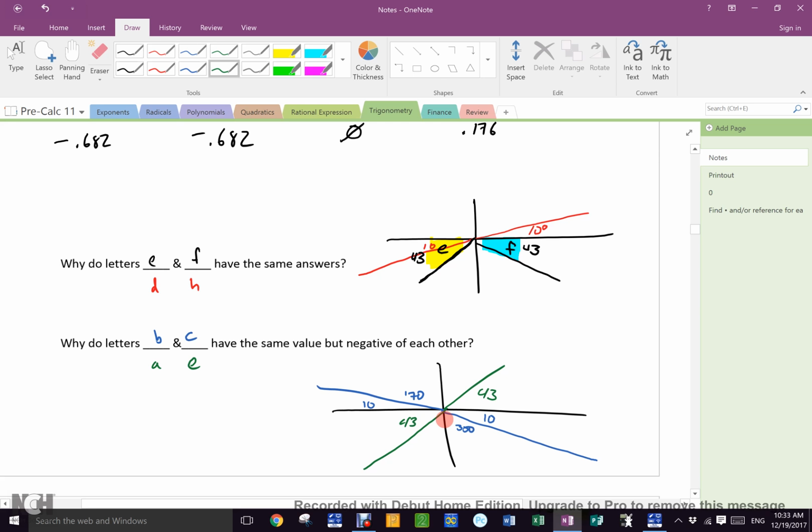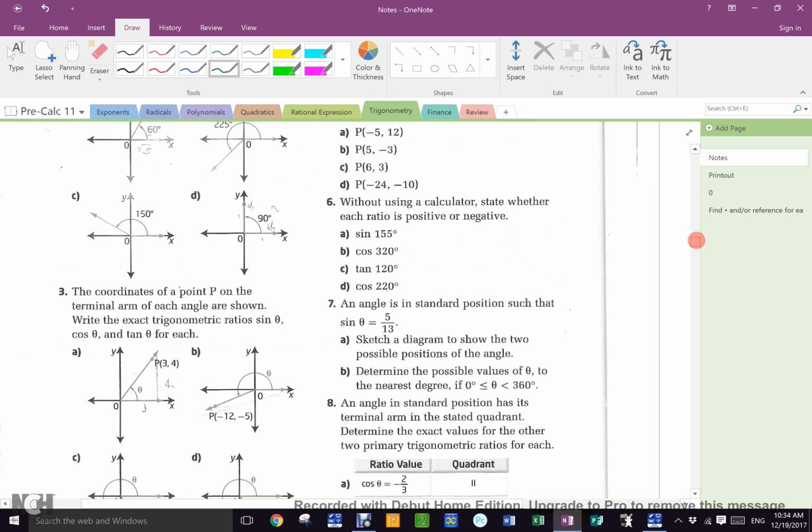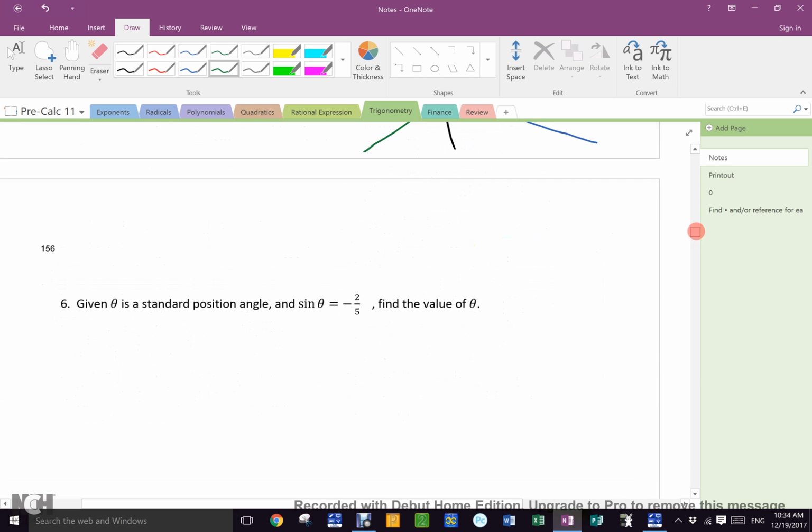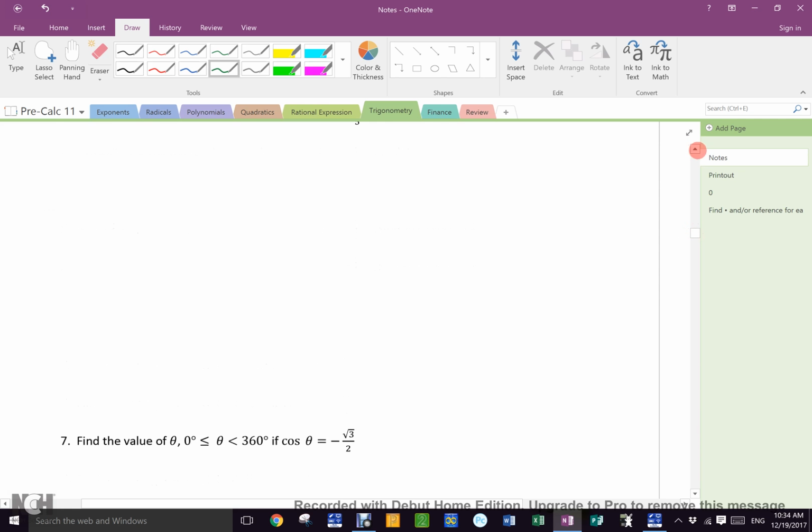So sometimes your calculator is going to give you a theta. You got to know when. And how do you know when? CAST. And we're going to talk about that right now when we do 6 and 7. Turn the page over. 2 more questions, then I'm shutting up and letting you go on your own.